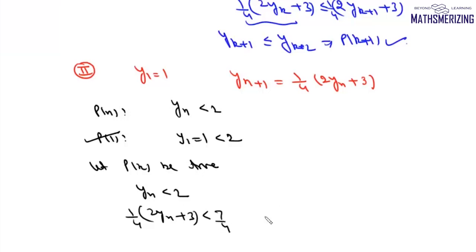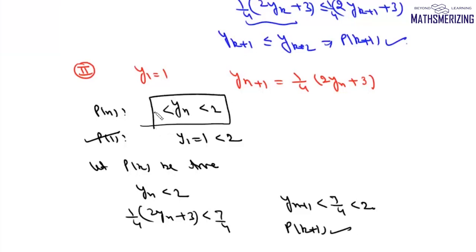So we'll get yn plus 1 is less than 7 by 4, which is less than 2. So that means pk plus 1 is also true. So from mathematical induction, we can say that this sequence is a bounded sequence where each and every term is bounded between 0 and 2.